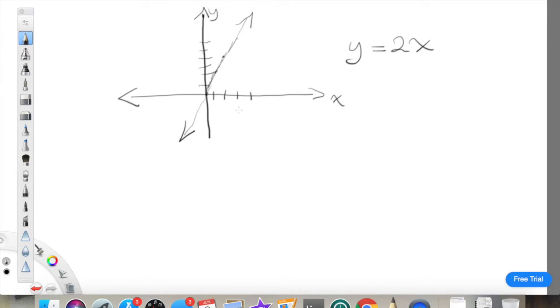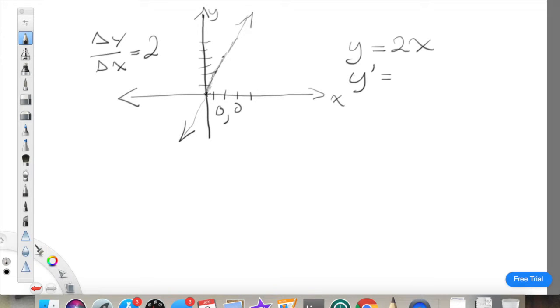So what a derivative does, if you take the derivative of this function, is you're figuring out what the slope is at any given point. The slope of this line is 2 because at any point the change in y over the change in x is going to be 2.